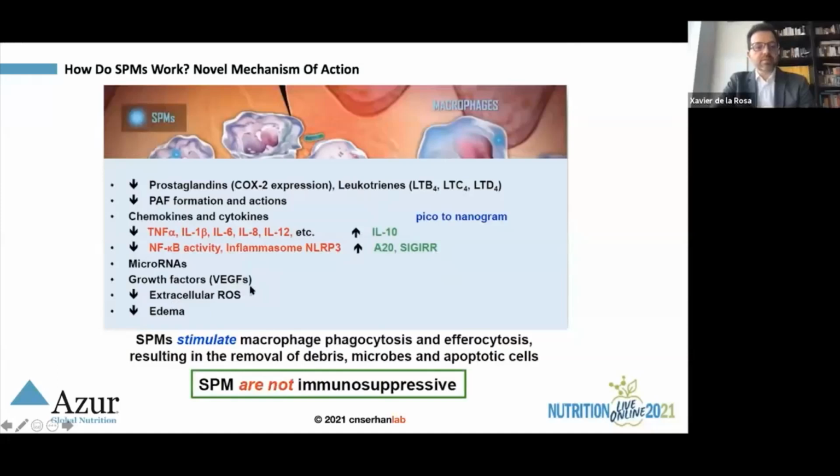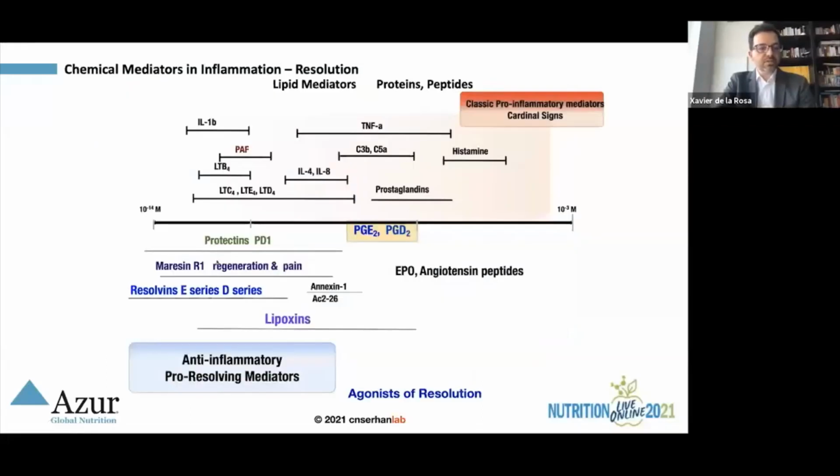The SPMs have been proven in multiple in vivo experimental models to be not immune suppressive, and these are key actions for these mediators. This slide shows the relative potency of different mediators, and you can see on the bottom left in blue that SPMs are in the range of nano to picomolar potency. By comparison, in this range is where neurotransmitters carry out their actions. So these mediators are extremely potent and are agonists of resolution.